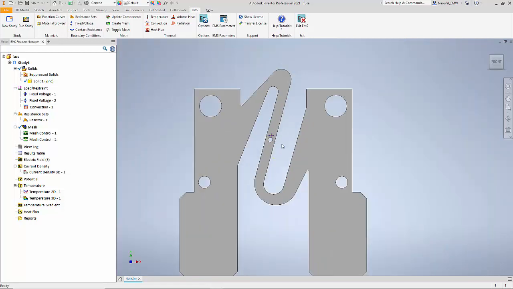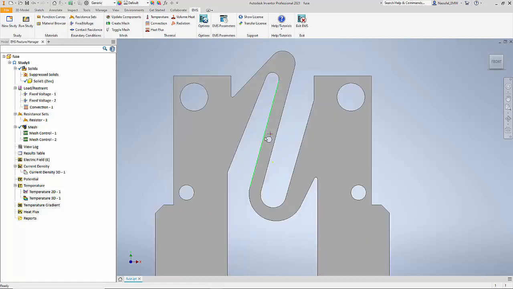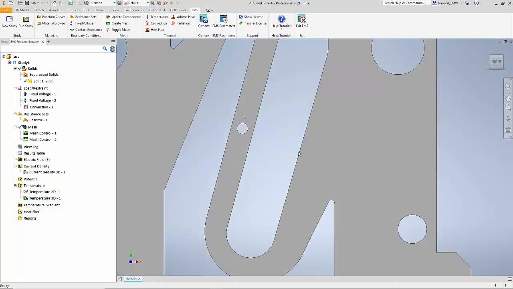What do I mean by fail? What I mean is that the temperature that is generated due to the current flow around this weakest point of the fuse increases so high that it melts the fuse locally in this region.